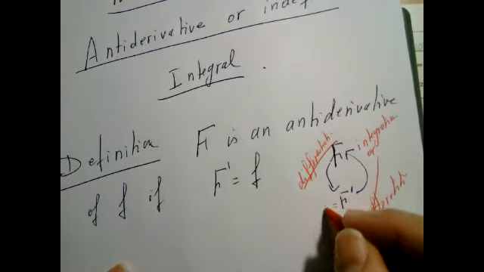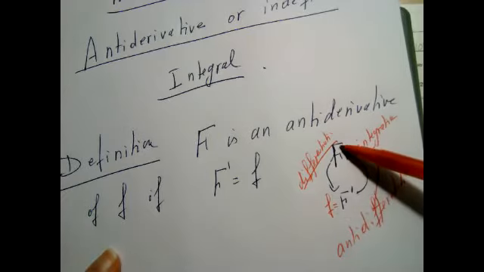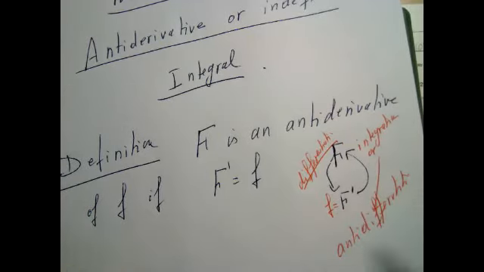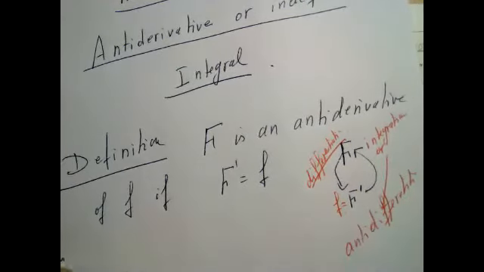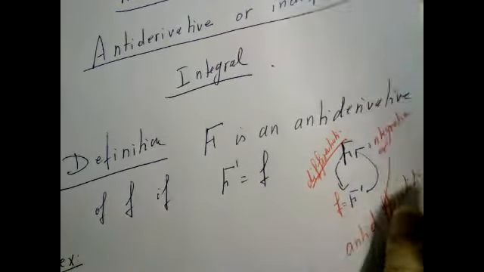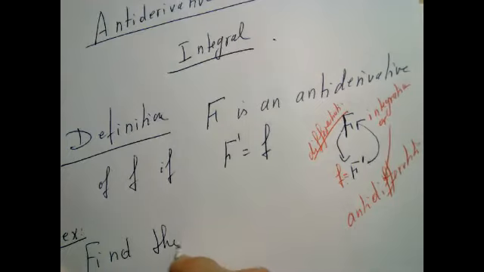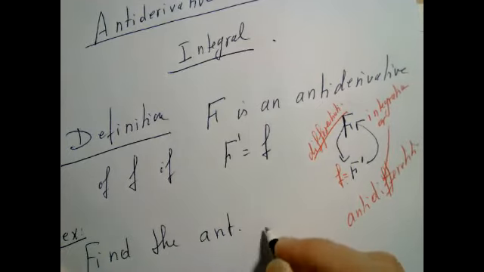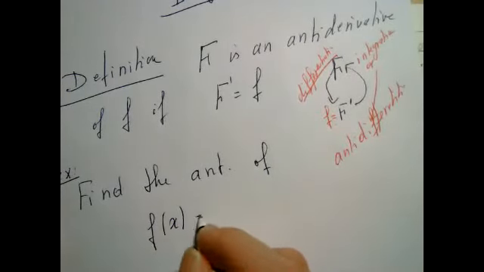So if I know the derivative here, F is called the antiderivative when I differentiate F, we get little f. So a simple example: find the antiderivative of the function f of x equal x squared.